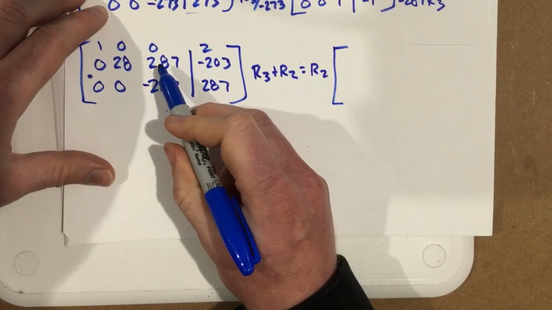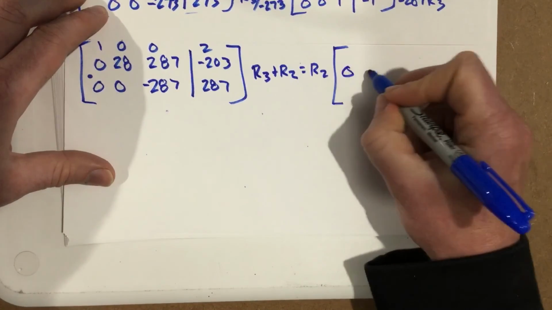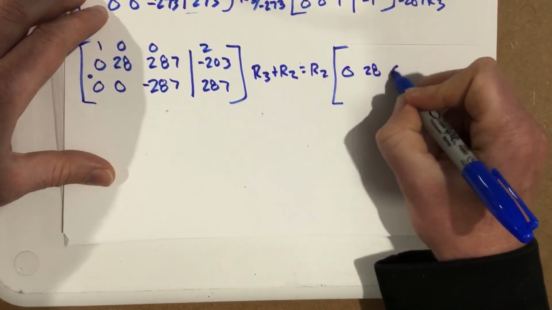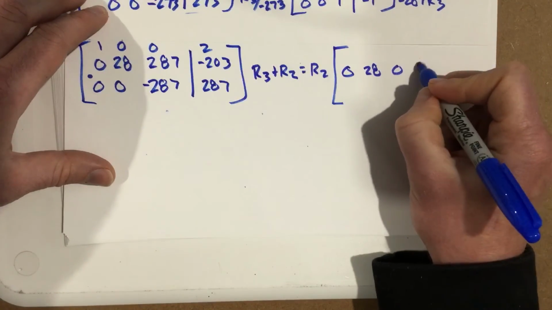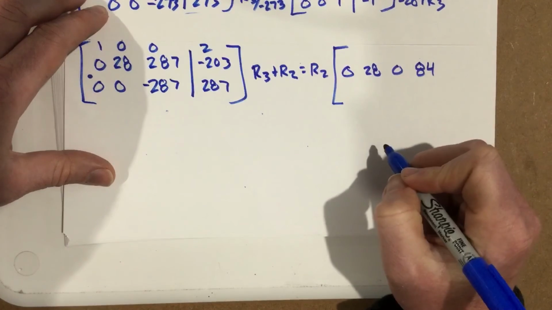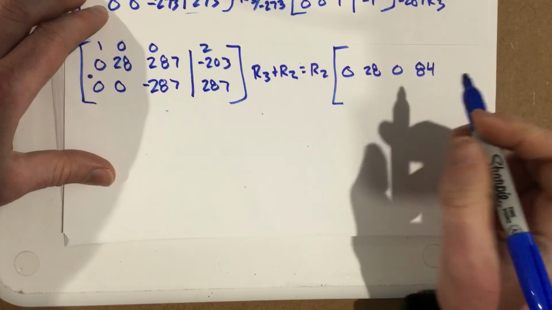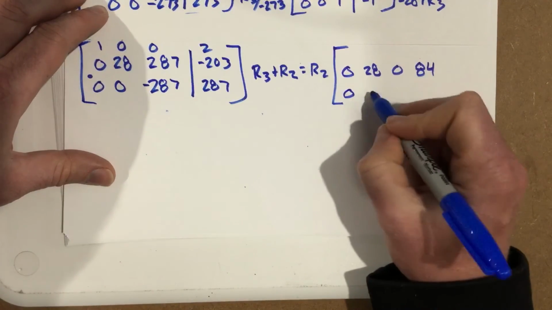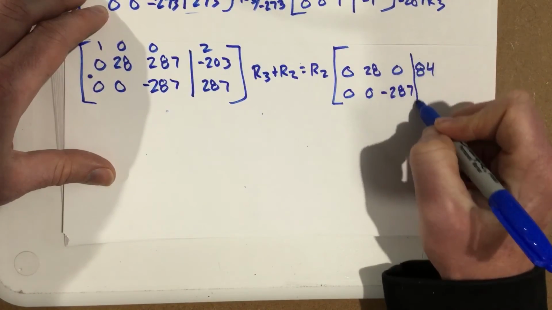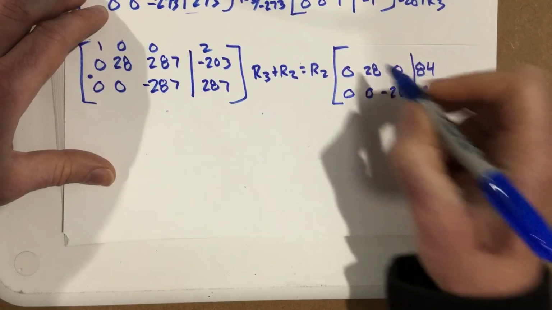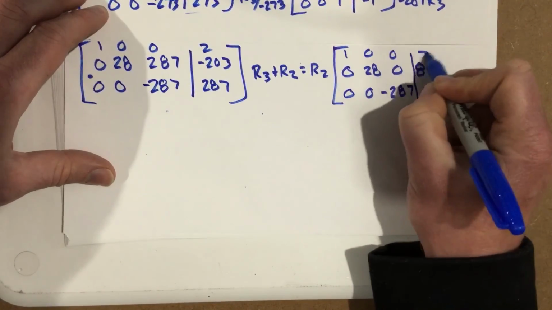We get 0, 28, that's 0 when you add these together. When you add these together, you get 84. And we still have 0, 0, negative 287, 287, 1, 0, 0, 2.